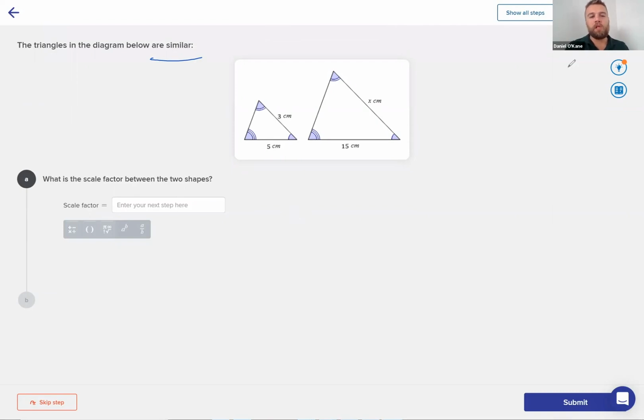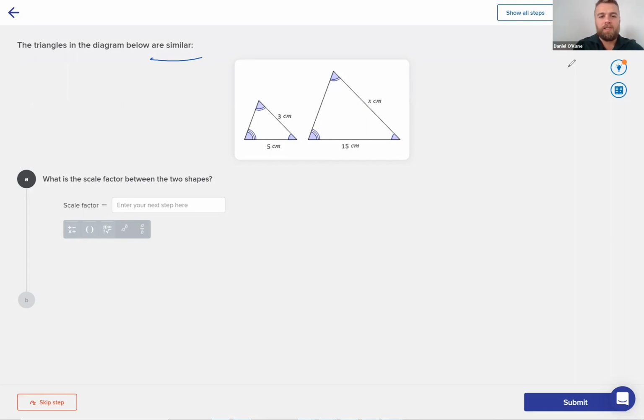It's easier in this question because both triangles are orientated in the same way. But these angles become very important when they're orientated in different ways, because triangles can still be similar if one is just rotated around, because the definition of similar has nothing to do with the level of rotation. It's just, are those side lengths in a corresponding ratio, and are they the same shape?